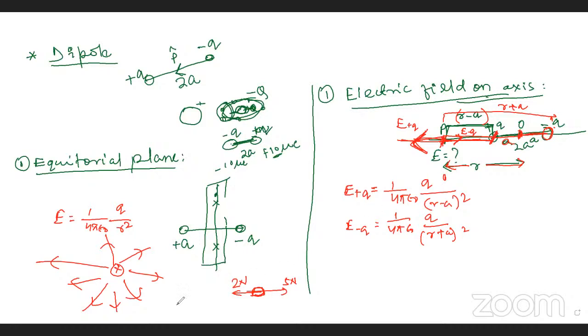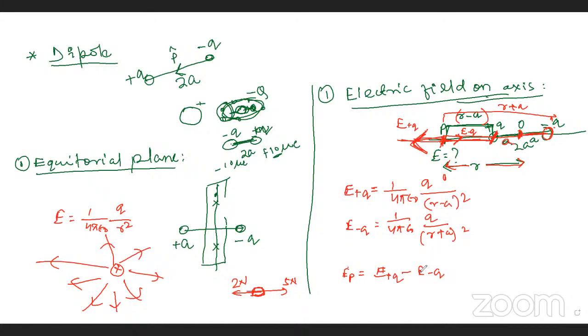So what is the net electric field? We will subtract. The electric field at point P equals E plus Q minus E minus Q, because they are in opposite directions, so the magnitudes will be subtracted.